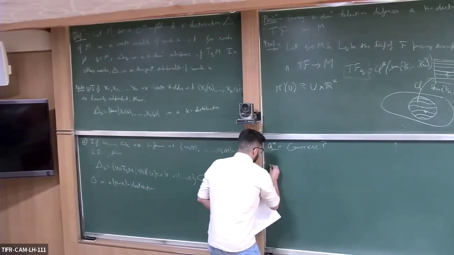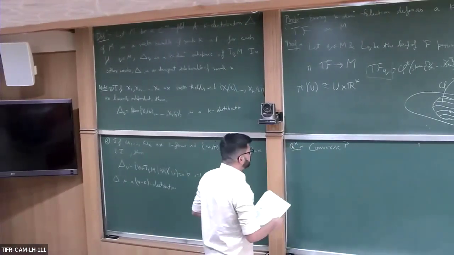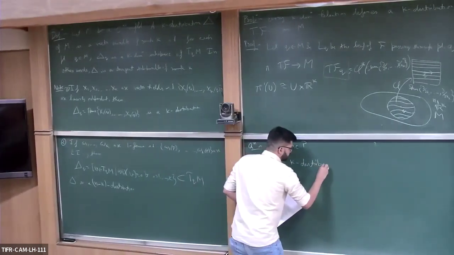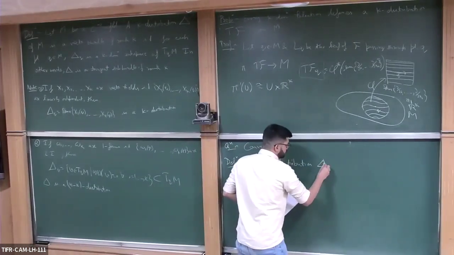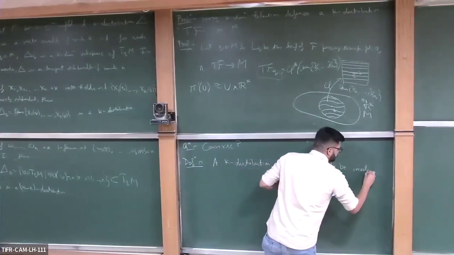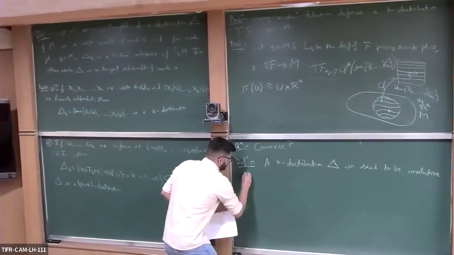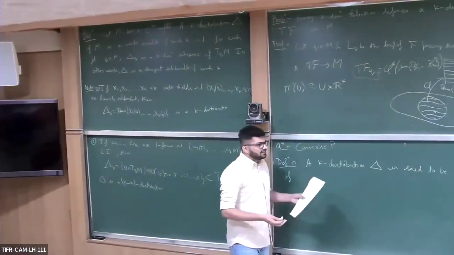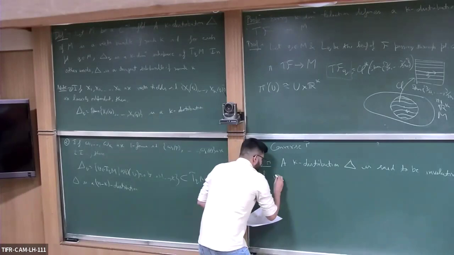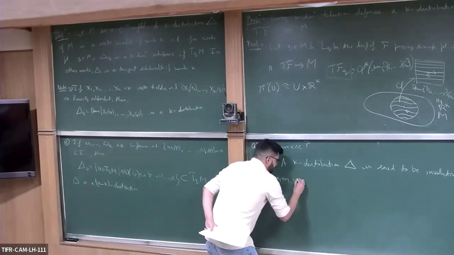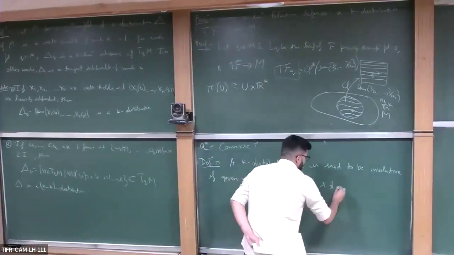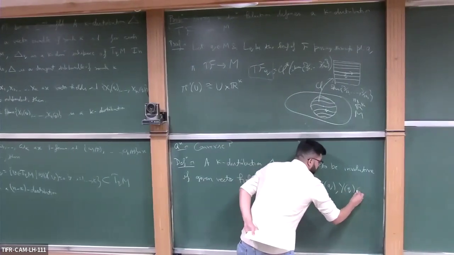Let me state this. Before I go to the Frobenius theorem, a distribution delta is involutive, that is, invariant under the Lie bracket, if for vector fields X and Y belonging to delta.